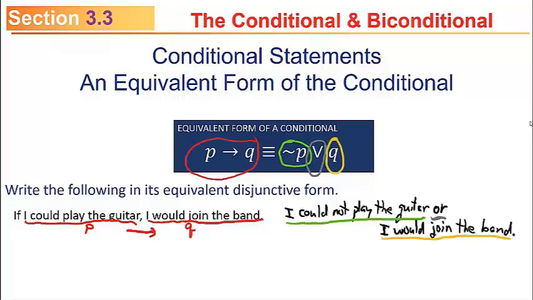Or Q, which is I would join the band. So the statement I could not play the guitar or I would join the band is logically equivalent to the statement that I started with, which says if I could play the guitar, I would join the band.